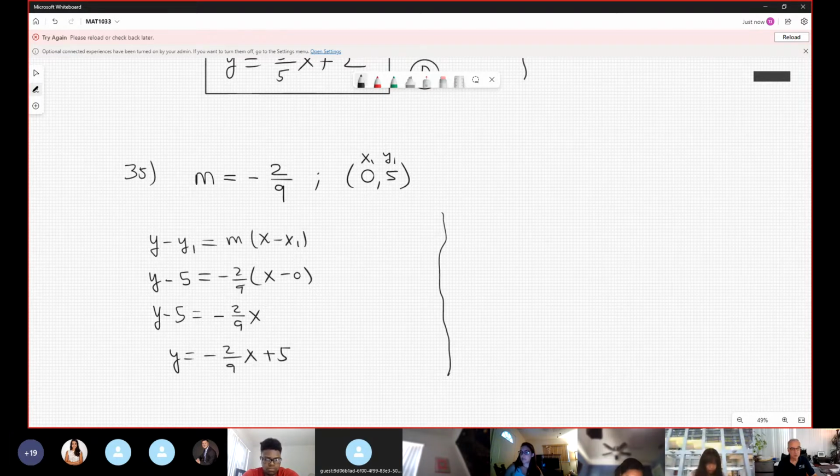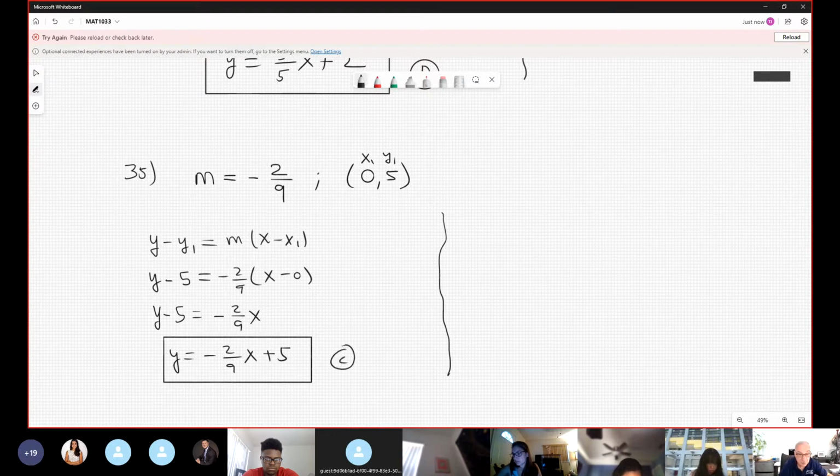Cool. Traditional way always works. Let me see, -2/9 x plus 5 is C in the handout. Another way: you realize that this is a y-intercept. My equation is -2/9, which is the slope, m. So you write y equals mx plus b, but specifically in this example, m is -2/9 and b is 5.